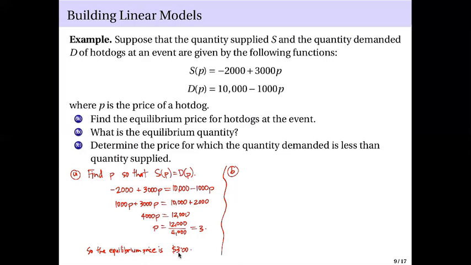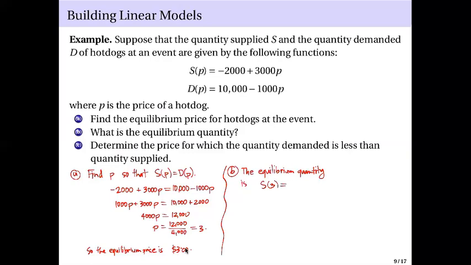The equilibrium quantity is, we have S of 3, or you can use D of 3, because anyway they are equal at P equals 3. Let's just use S of 3.